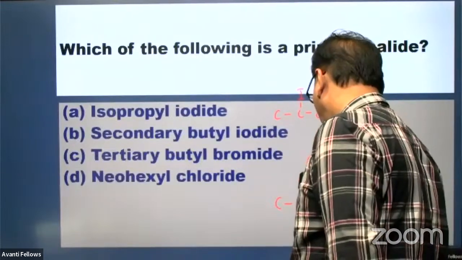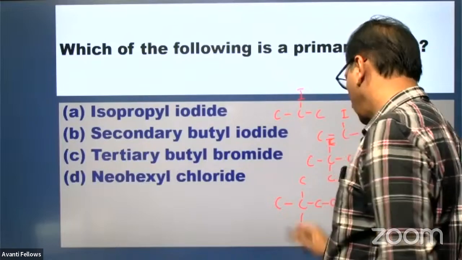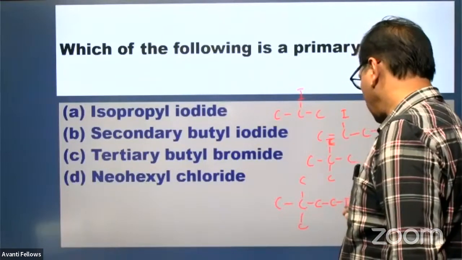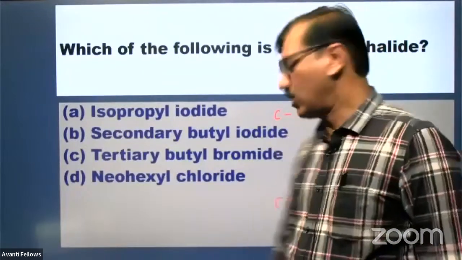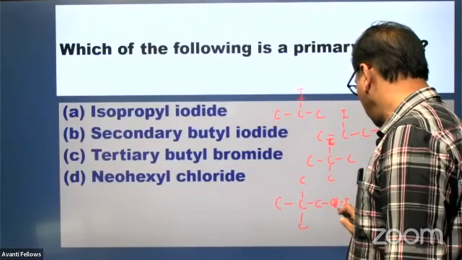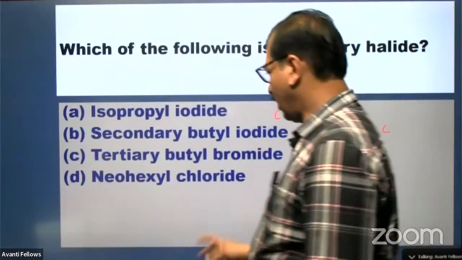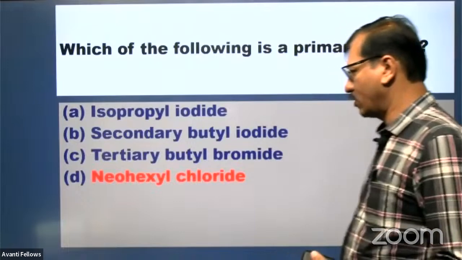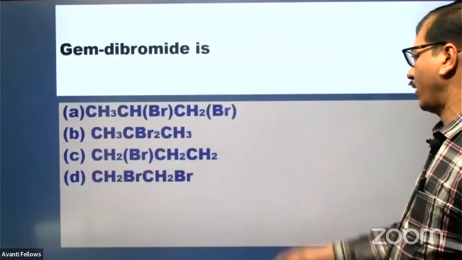This is neopentyl and neohexyl. 1, 2, 3, 4, 5, 6. Neohexyl halide is primary because the halogen is attached to a CH2 carbon atom. So this is the answer. Neohexyl chloride. It's not iodide, it's chloride.